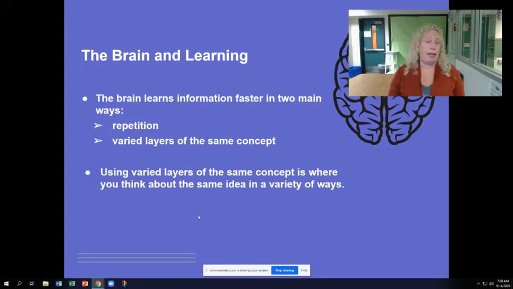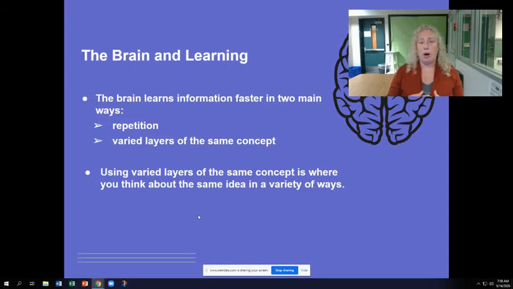Flashcards. If you're taking a foreign language, oftentimes your foreign language teachers will say, use flashcards, use flashcards. It is because it's that repetition piece. But there's another way that we can help our brains learn things faster and retain it for longer, and that's by creating varied layers of the same concept.